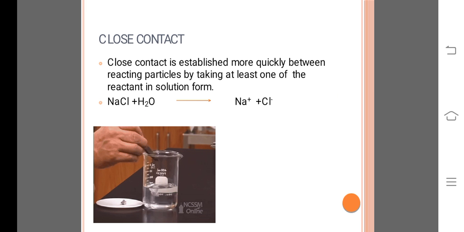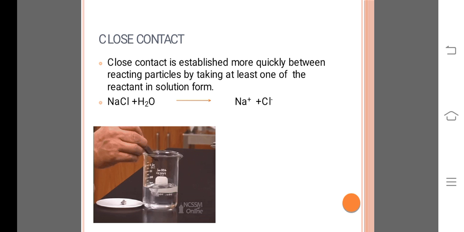First is close contact. In close contact, a close contact is established more quickly between reacting particles by taking at least one of the reactants in solution form. So for close contact, you need one reactant in solution form and the other you can take in solid or gas, whatever you want.